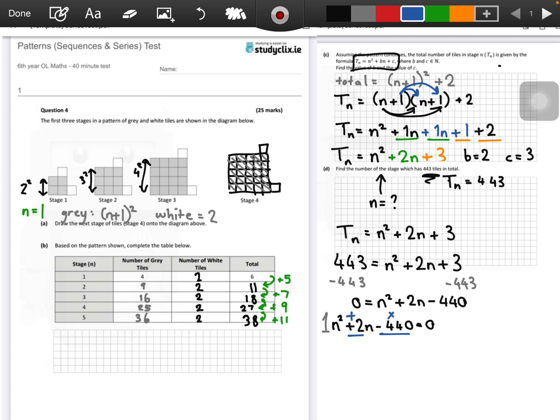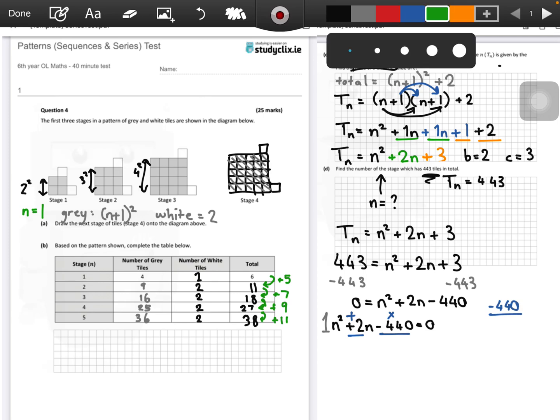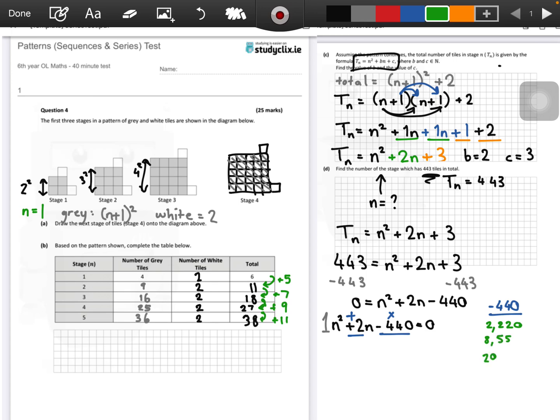So my factor pairs for 440. I can list all of them out. I'll just list random ones because I don't have enough space. But I'd have like 220, 8 and 55, 20 and 22, 10 and 44, and so on.